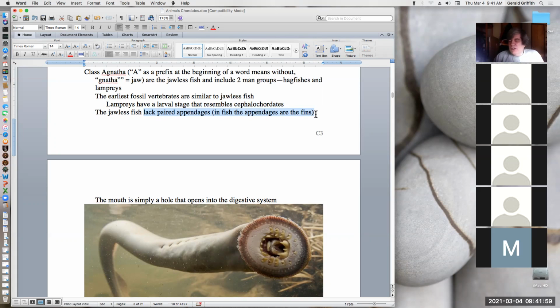Lampreys and other jawless fish lack paired appendages. In fish, the paired appendages are the pectoral fins and the pelvic fins. In animals like ourselves, the paired appendages are the arms and the legs. So they don't have this.